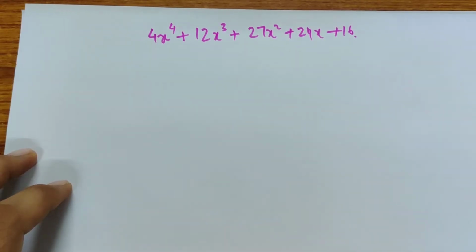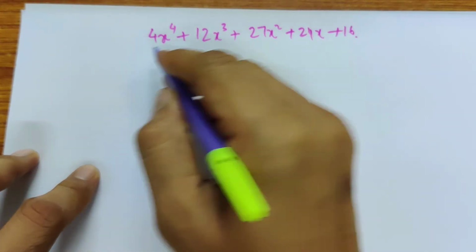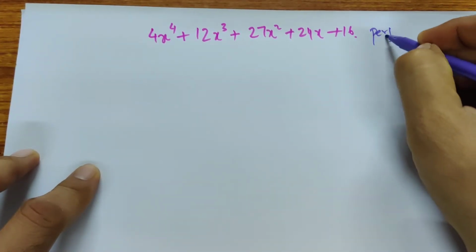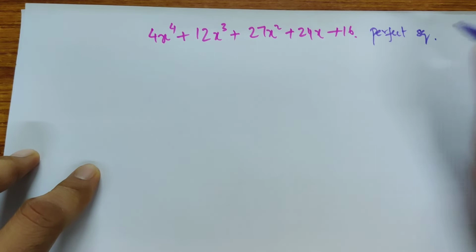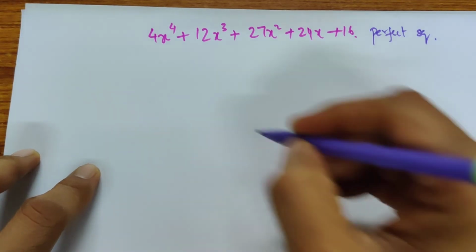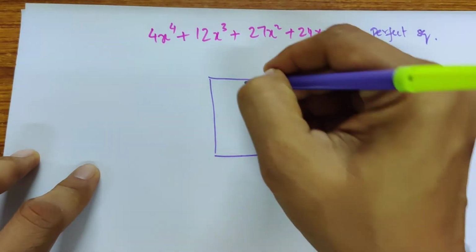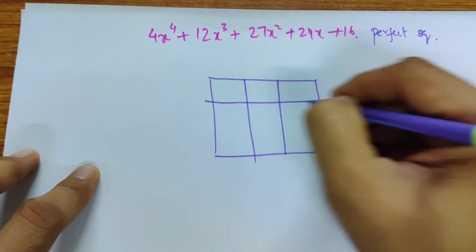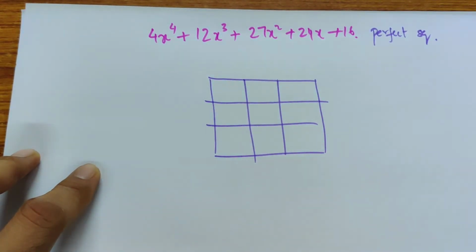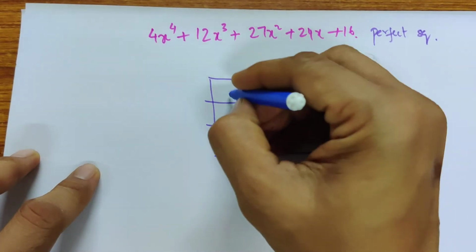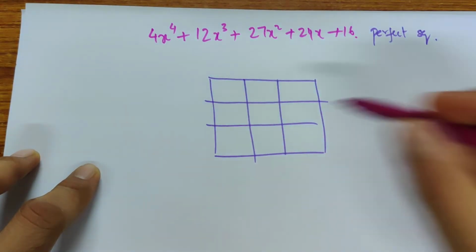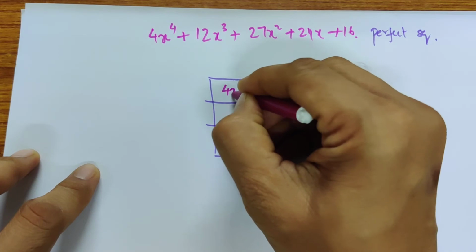Okay, so now if we know that this is a perfect square and I want to find out what the square root is, I can use that table method. So the first thing I know is that this one is 4x power 4.